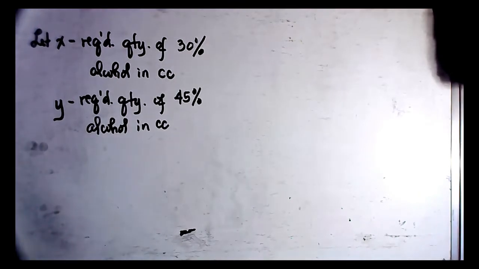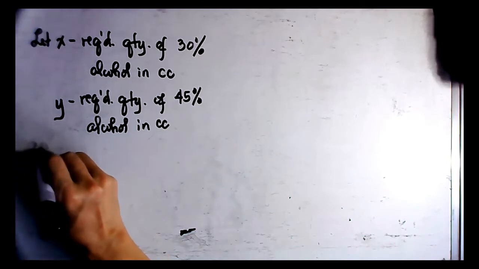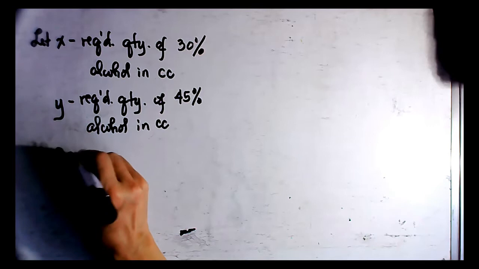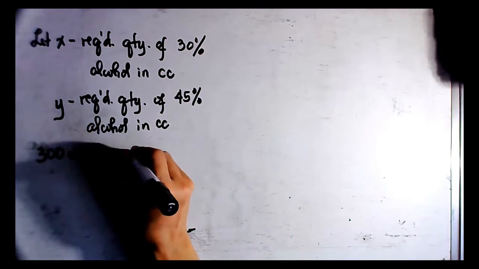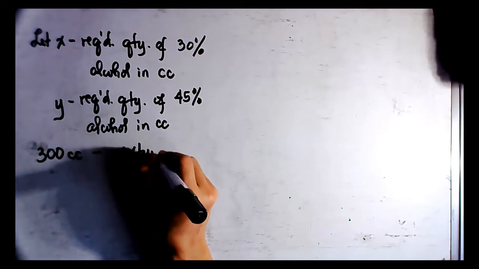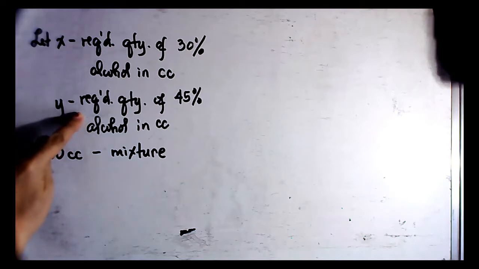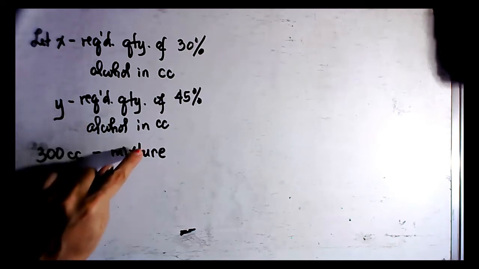And take note that together, we have a 300 cc mixture. That is the total quantity of the mixture which can be produced. So the question is, what is the required quantity of 45% alcohol in cc?